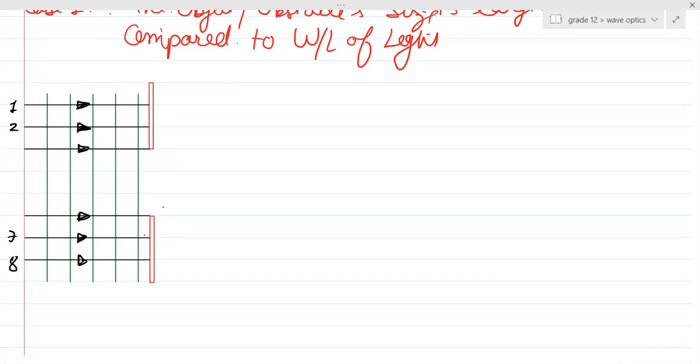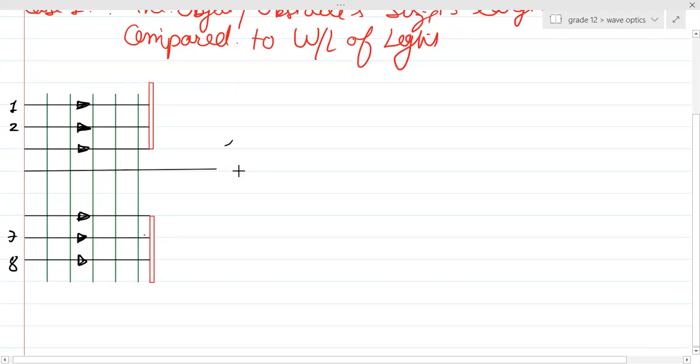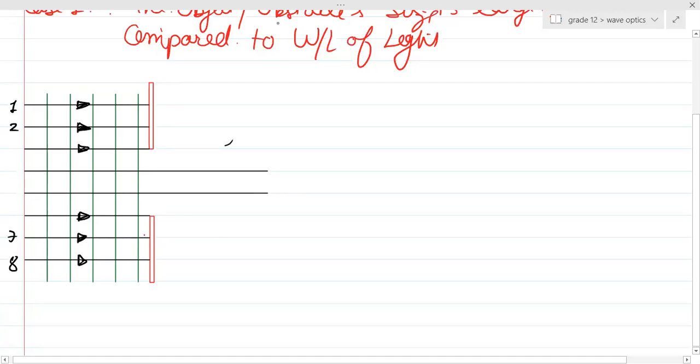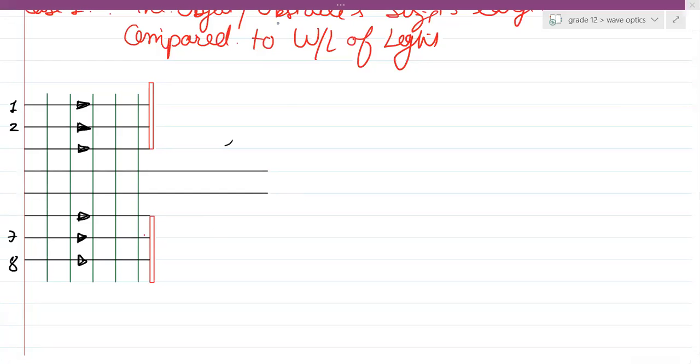Let's talk about these light rays, and let's say here we have our screen diagram. देख लो कितना perfect बन रहा है.